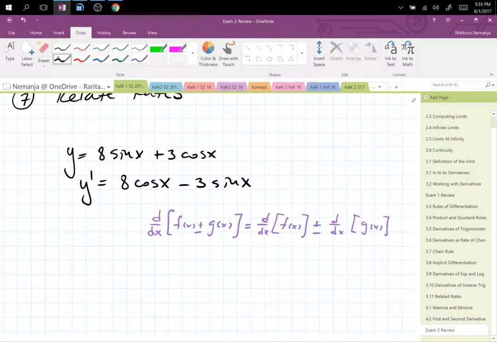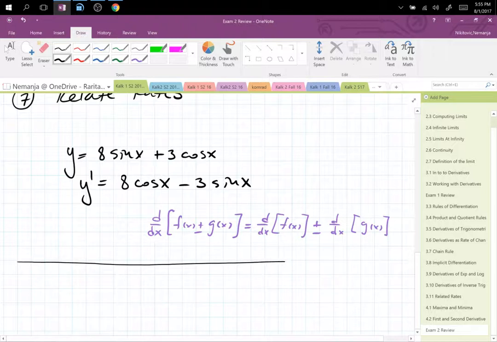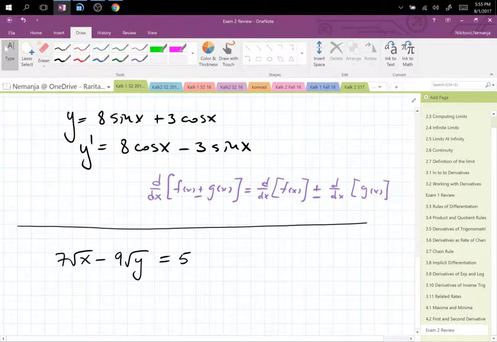Yes? It's 7 root x minus 9 root y equals 5. Implicit differentiation. Beautiful. Taking d/dx.